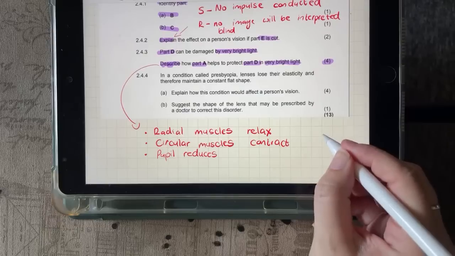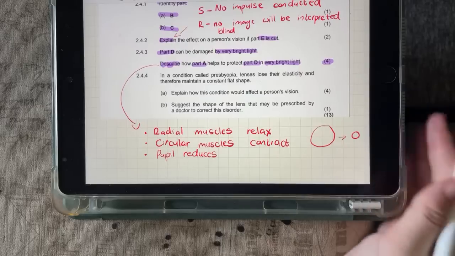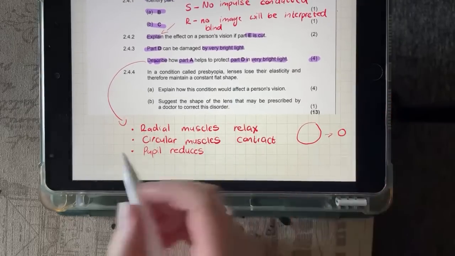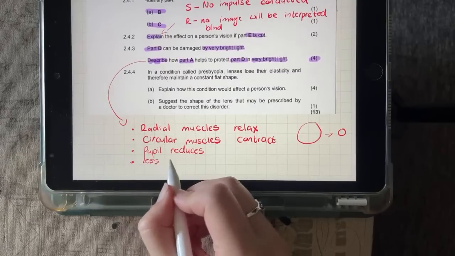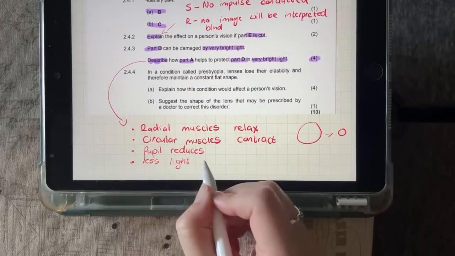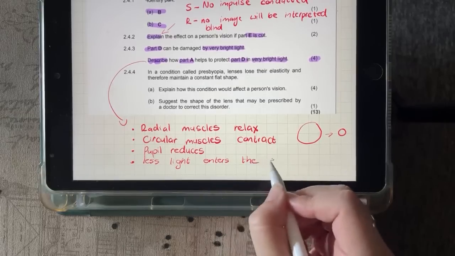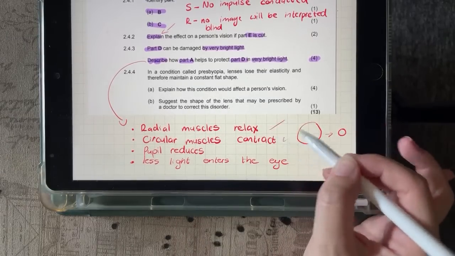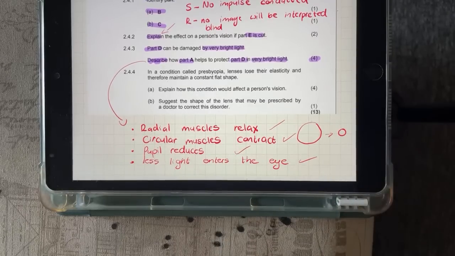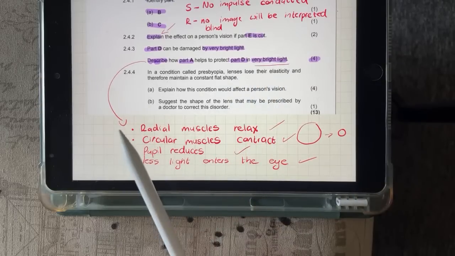Because remember, we're going from a large pupil and we're trying to make it smaller. Remember, that's the aim of this. And last but not least, we must always say less light enters the eye. Okay, and that's pretty much going to get you 4 marks. Cha-ching, cha-ching, cha-ching, cha-ching. Done. Okay, and that is how the iris is helping protect the retina in very bright light.